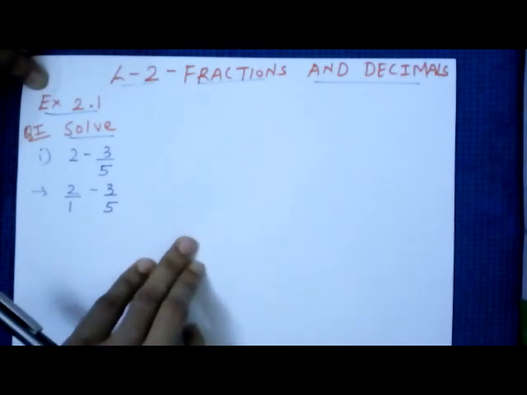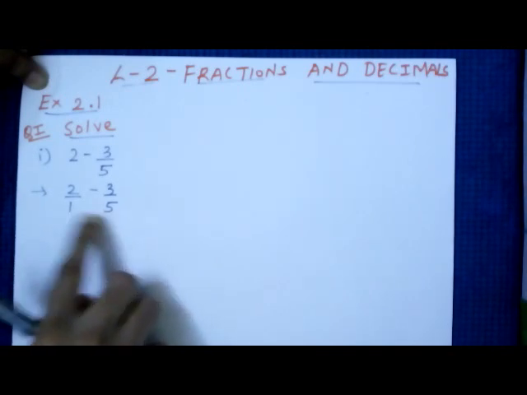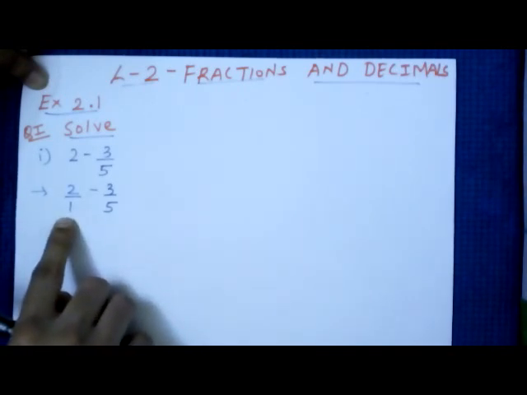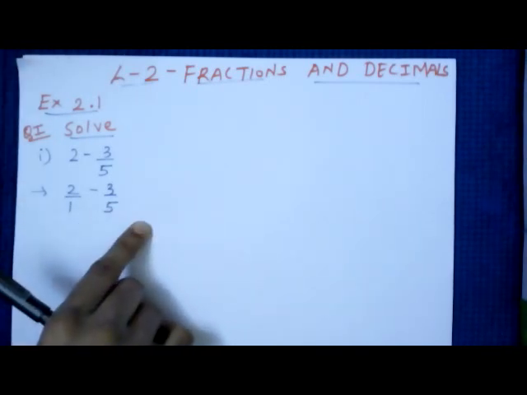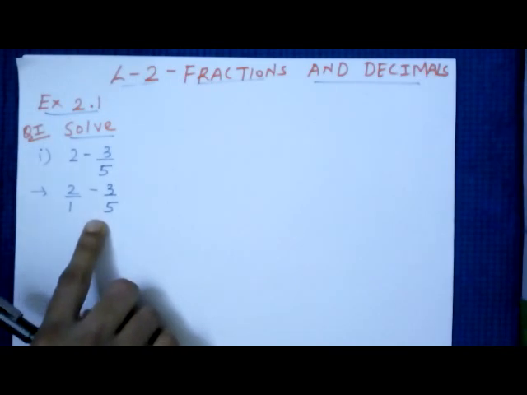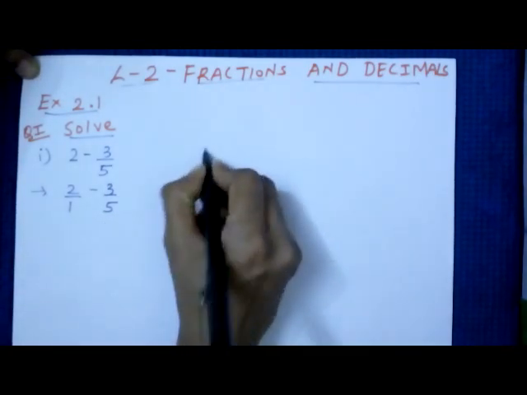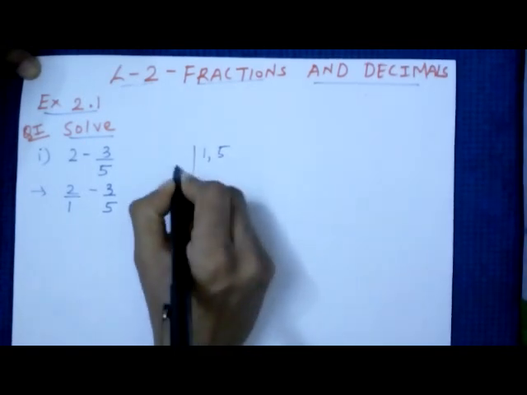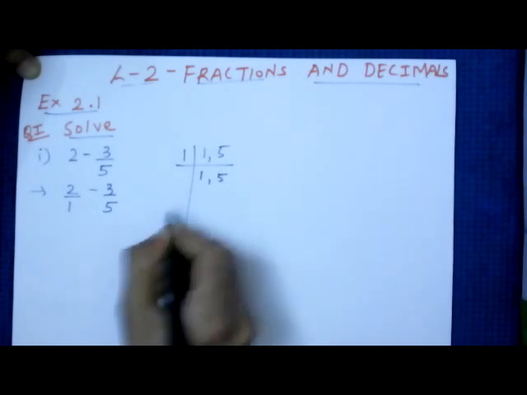Now whenever we take out the LCM of any number with 1, it is very simple. You have to just write 1 into 5 will be 5. The LCM of any number with 1 is that number itself. If you don't understand directly, you can also take out the LCM here. So let us start. 1 ones are 1 and this 5 will be the same.